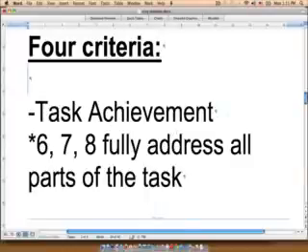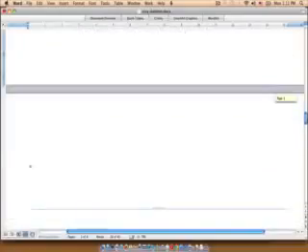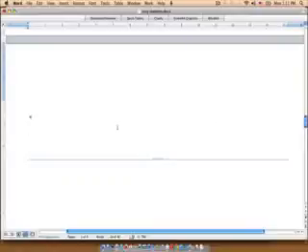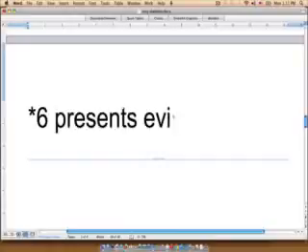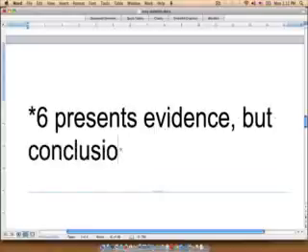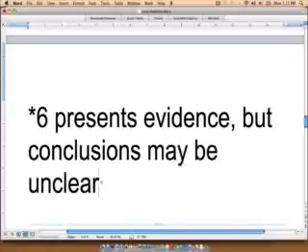Okay, now let's go over some things that are different between a band 6, a band 7, and a band 8. So to begin, a band 6 presents evidence, but conclusions may be unclear. So by evidence, we're talking about examples that sort of support or help to prove a point.